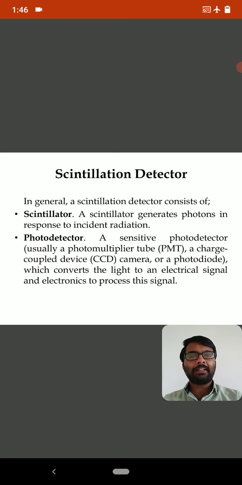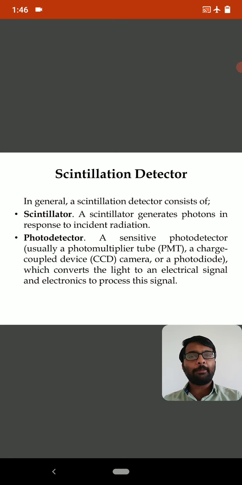That electrical signal can be amplified using electronic components such as amplifiers, that is a preamplifier as well as a linear amplifier. That amplified electrical signal will be processed in order to determine the energy as well as the intensity of the incoming radiation.